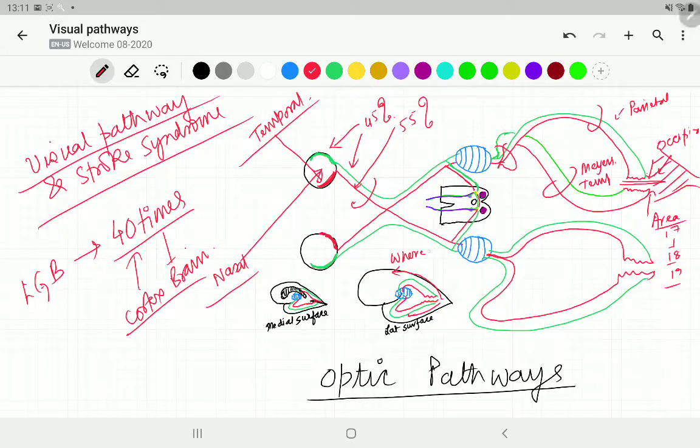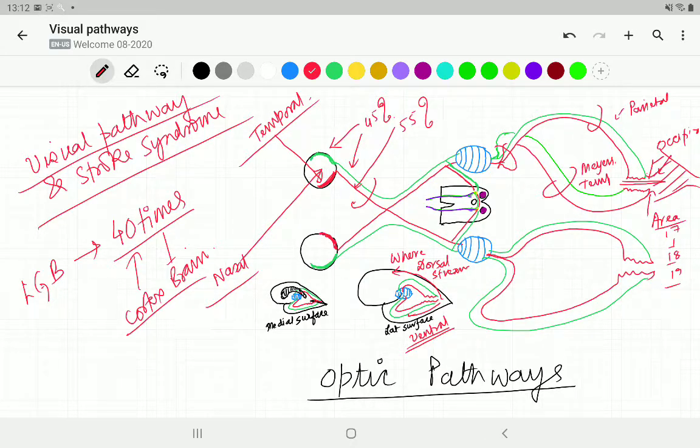This is also called the dorsal stream, which helps us to understand where the object is. And then there is the ventral stream, which goes to the temporal lobe, which is responsible for identifying what the object is, be it a pen, a pencil, glasses, or a human being's face or an animal face.